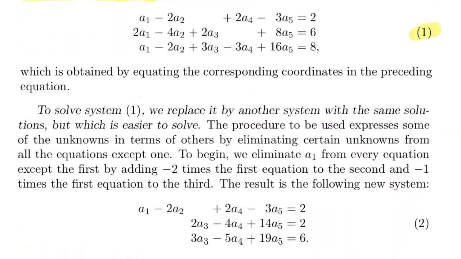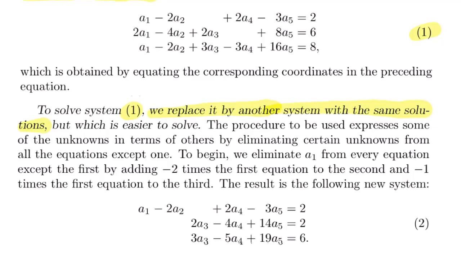You write the system once, and then you can give it a number and refer to it. You don't have to keep writing it. So the big idea is to replace it with a simpler system that has the same solutions. And what does simpler mean? It means that you can read the answers off. Why does it have the same solutions? Because you do operations to it that don't change the solutions.